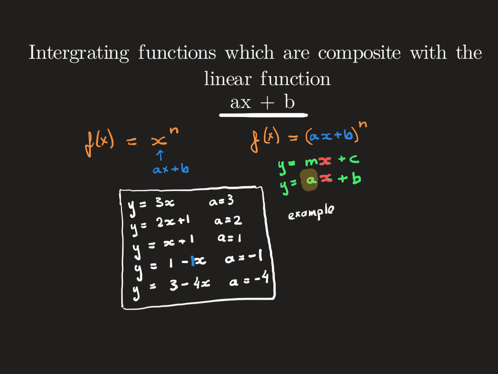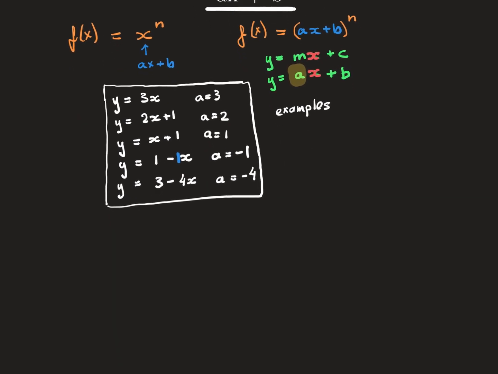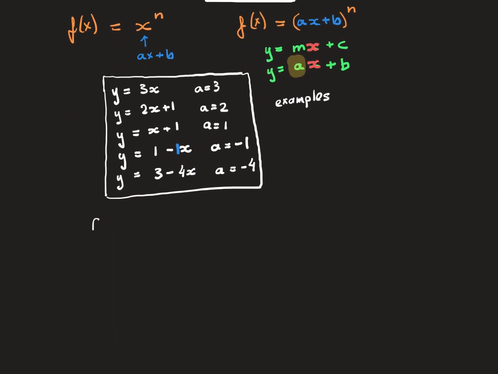All right, that's just some examples of identifying a. Why is that important? Because now I'm going to be integrating that above function of ax plus b to the power of n, dx.